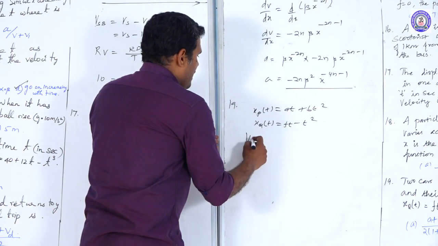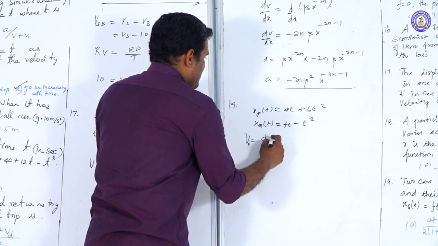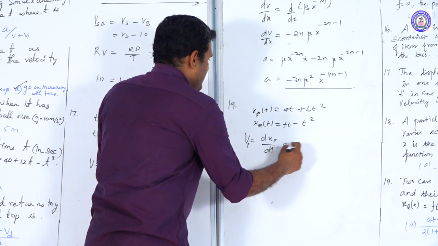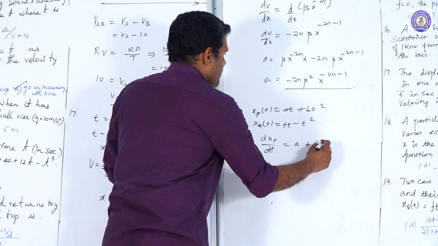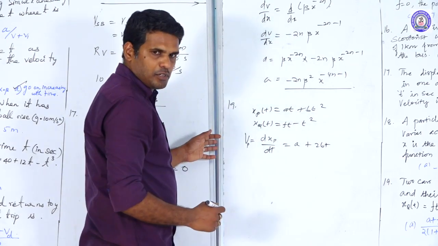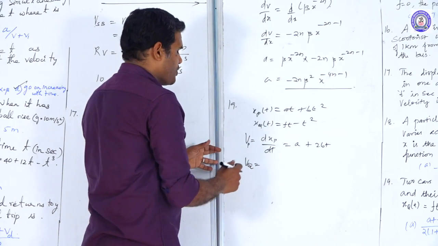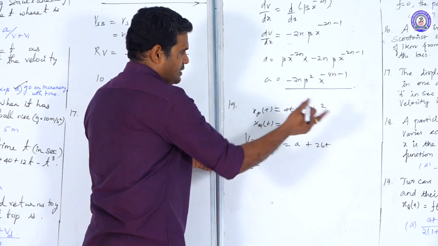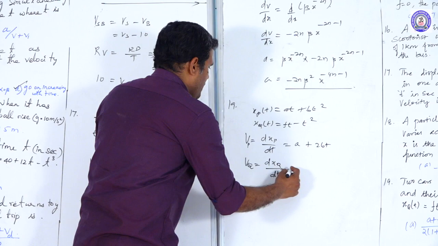So, velocity of the car which starts from P can be given as dxp divided by dt. On differentiating the first expression, you will have a plus 2bt. Velocity of the car Q is dxq divided by dt.